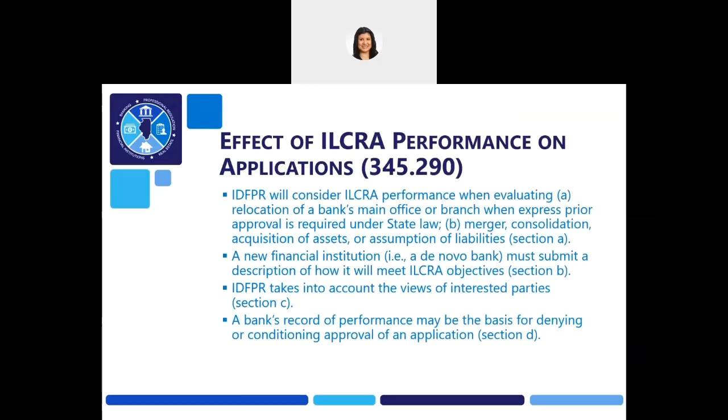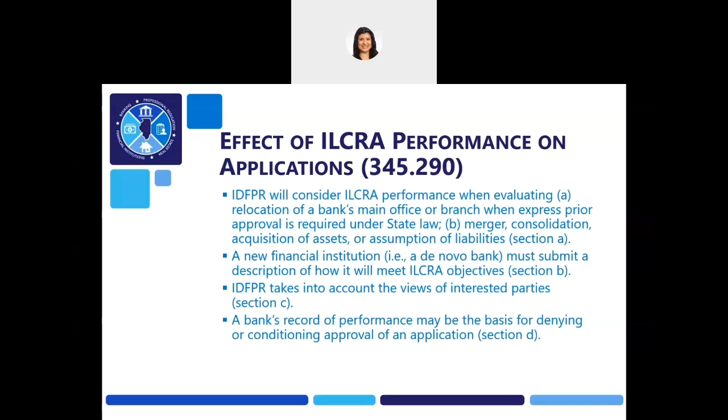Moving on to the effect of Illinois CRA performance on applications. IDFPR considers all Illinois CRA performance in considering relocation of a bank's main office or branch when express prior approval is required under state law. Merger, consolidation, acquisition of assets, or assumption of liabilities as it's defined in Section A of 345.290.